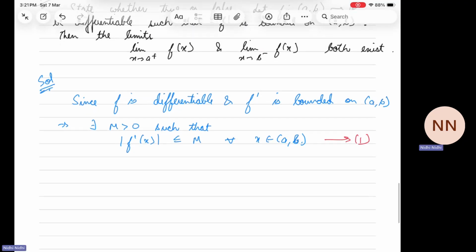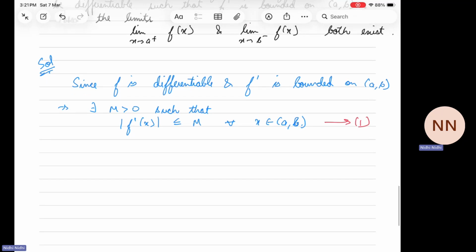Now we'll be using the mean value theorem. Let x and y belonging to open interval (a, b) be arbitrary. And without loss of generality, we can assume either one of them to be smaller than the other one.